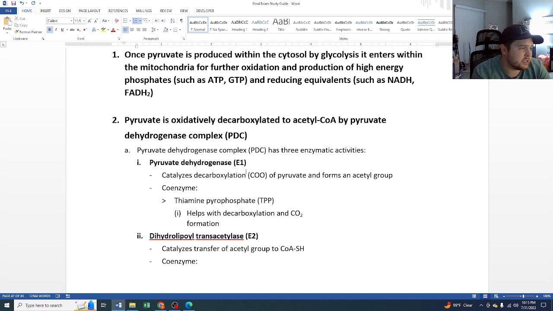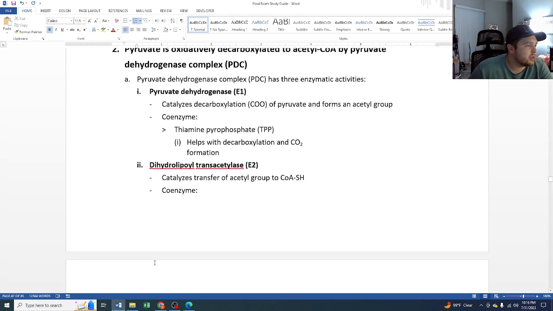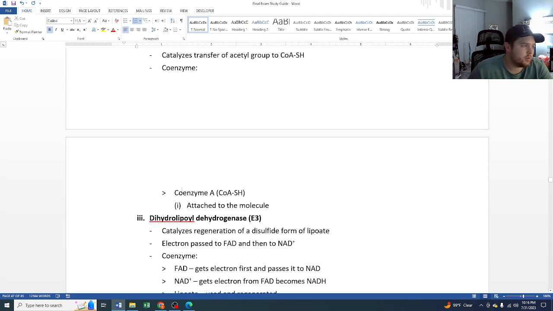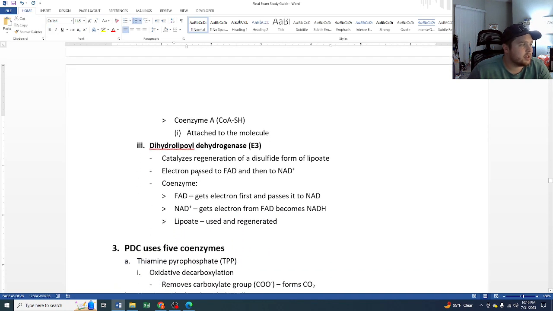The coenzyme is TPP, which helps with the decarboxylation and CO2 formation. The next part, E2, catalyzes transfer of the acetyl group to CoA-SH, and we have coenzyme A as the coenzyme. And then the next part catalyzes regeneration of the disulfide form of lipoate. The electron is passed to FAD and then to NAD+. So we get passed through a couple different things that we use in the third step.